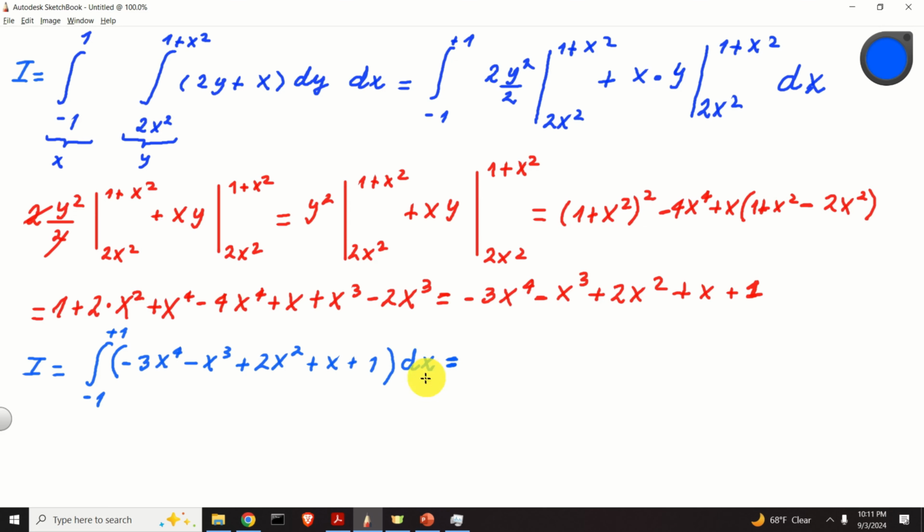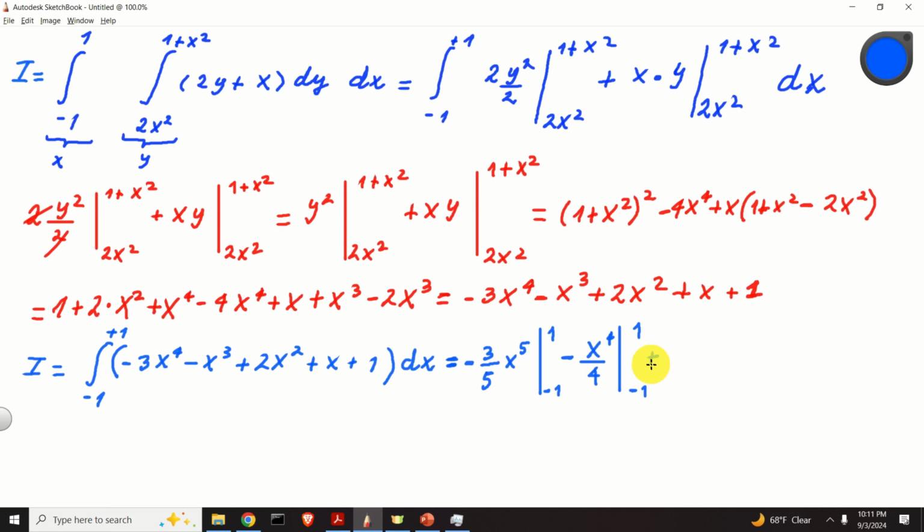So let's solve this integral. Let's integrate the first term. The first term becomes minus 3 over 5 x to the power 5, and let's immediately put the bounds. Minus 1, 1. Then the second term becomes minus x to the power 4 over 4, and let's put the bounds, minus 1 to 1.